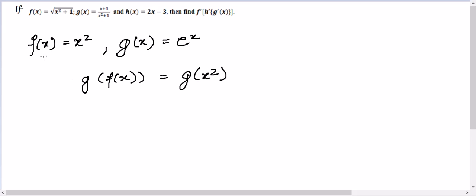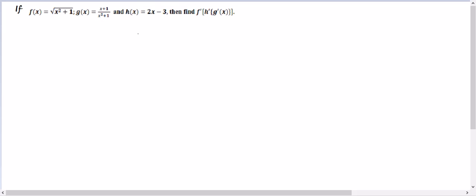We have just substituted the value of f(x) as x square, and in place of x we write x square. So e to the power x square. This is called a composition of functions. Okay guys, so let's start solving the question.